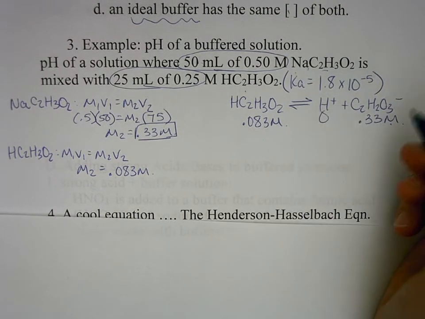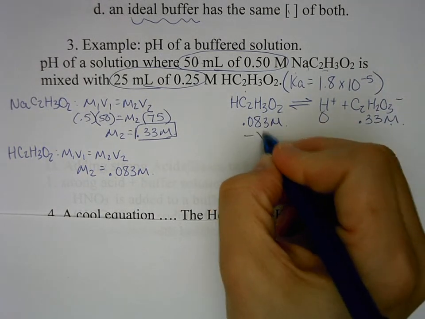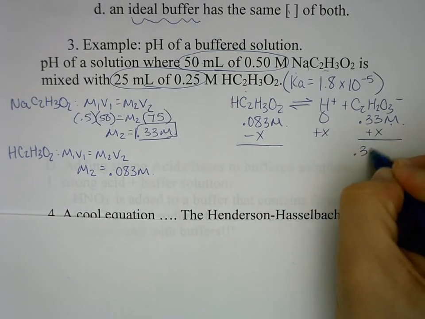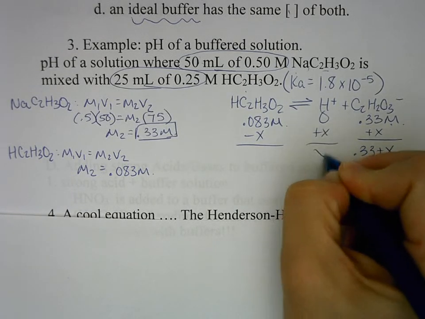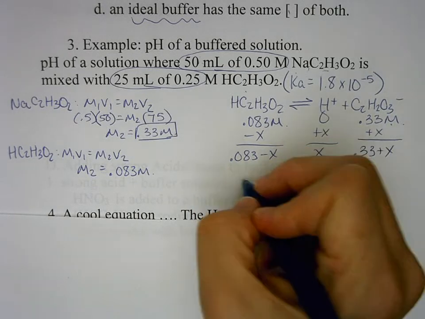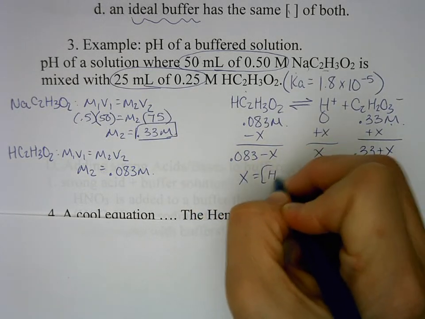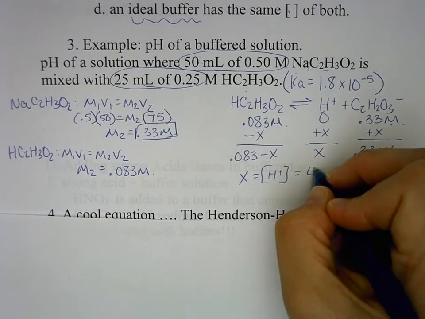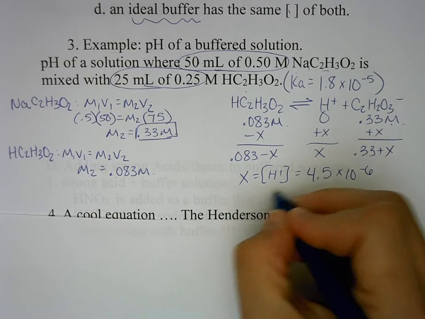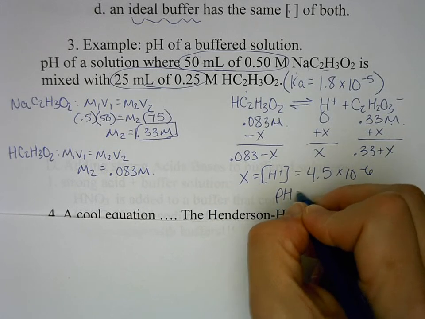Then it's just an ice table problem, so minus x, plus x, plus x. When you solve for x, it is the hydrogen ion concentration, and that's 4.5 times 10 to the negative 6. So then you take the negative log of that to get the pH. pH equals 5.35.